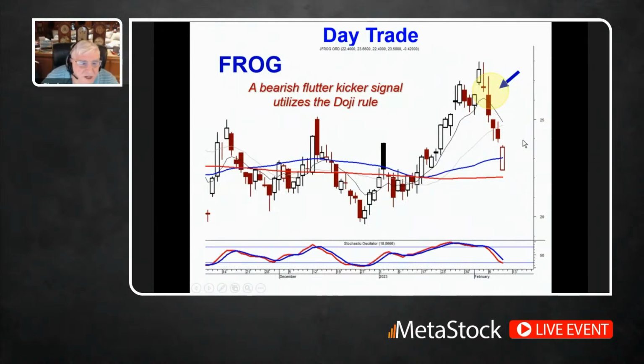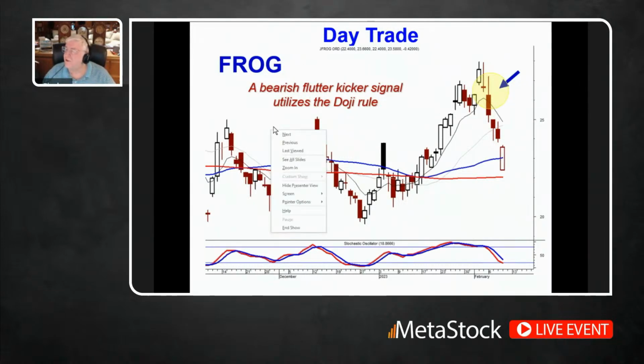On the Google example for a short, you said sell as soon as you see a green candle, but there are a couple of green candles. Oops, let me see if I can go back.